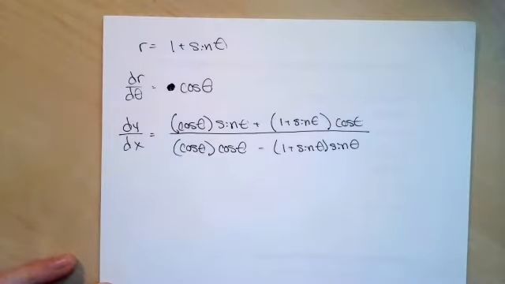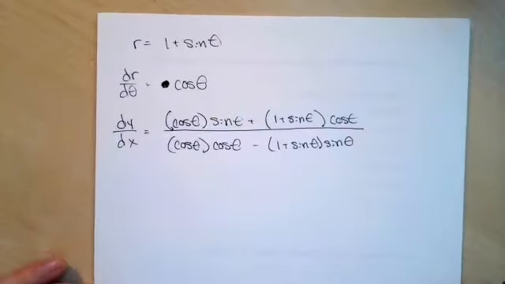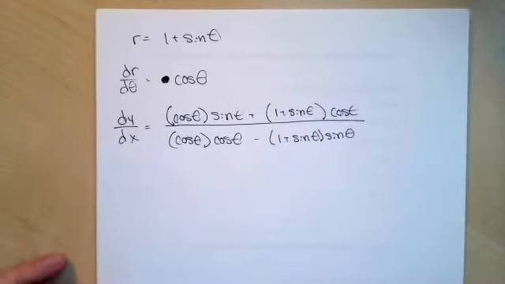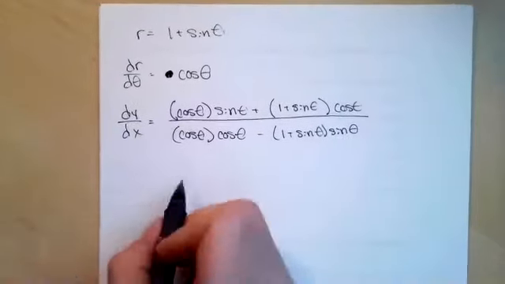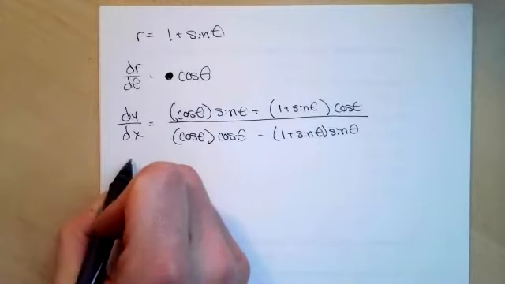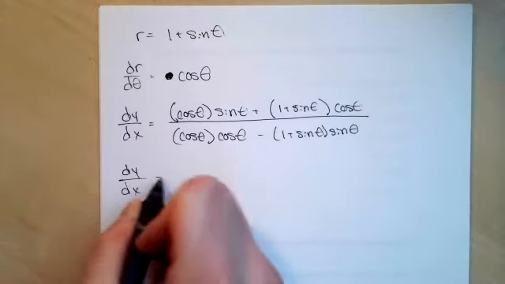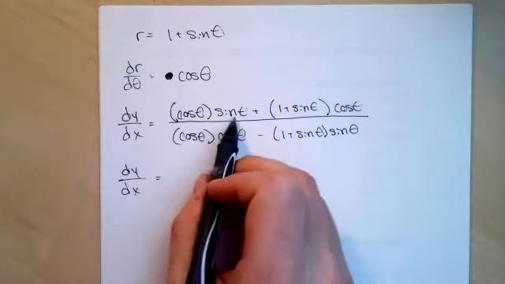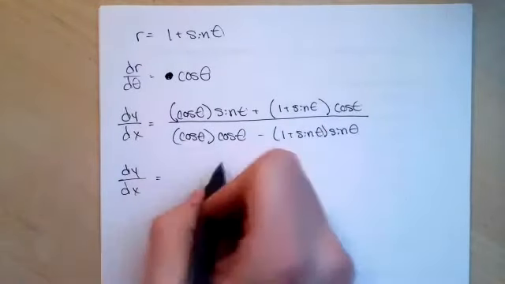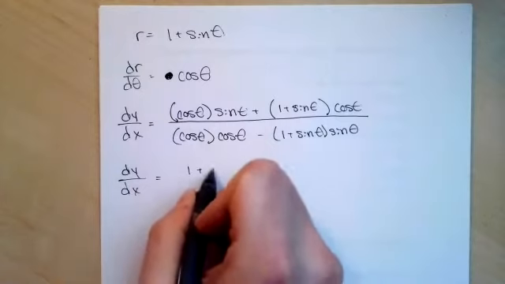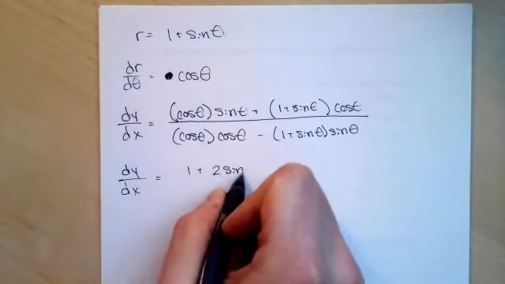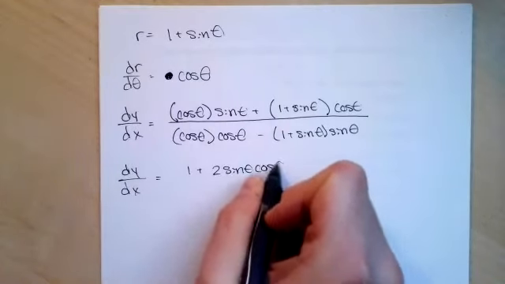Then we want to plug in the point to find the slope of our tangent line. All right, so let's just get all these trig identities in, simplify. We've got cosine sine, we've got a cosine sine. So in the top, it looks like we've got 1 plus 2 sine cosine.